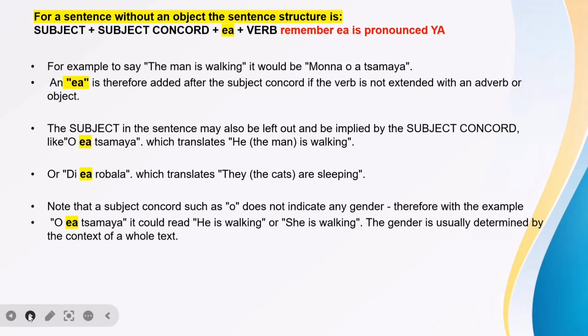Therefore, with the example uyatsamaya, it could read he is walking or she is walking. The gender is usually determined by the context of the whole text. So you need to listen in order to differentiate what gender it is associated with. But whenever there is u, it can be any gender.